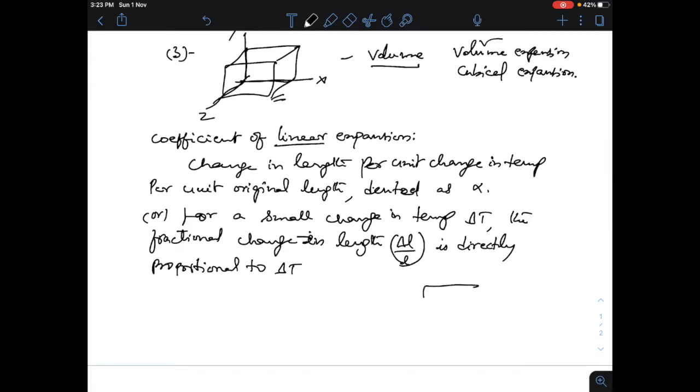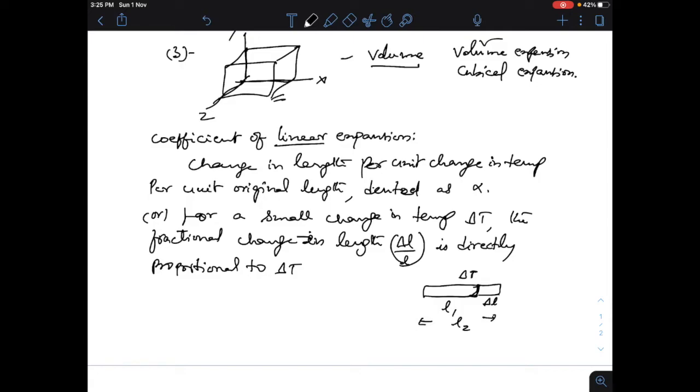If I have this rod, and let me consider the rod length is L1, and I subject it to a temperature change delta T, that means a temperature difference is there, then it appears to increase in its length by delta L, and the final length is L2.